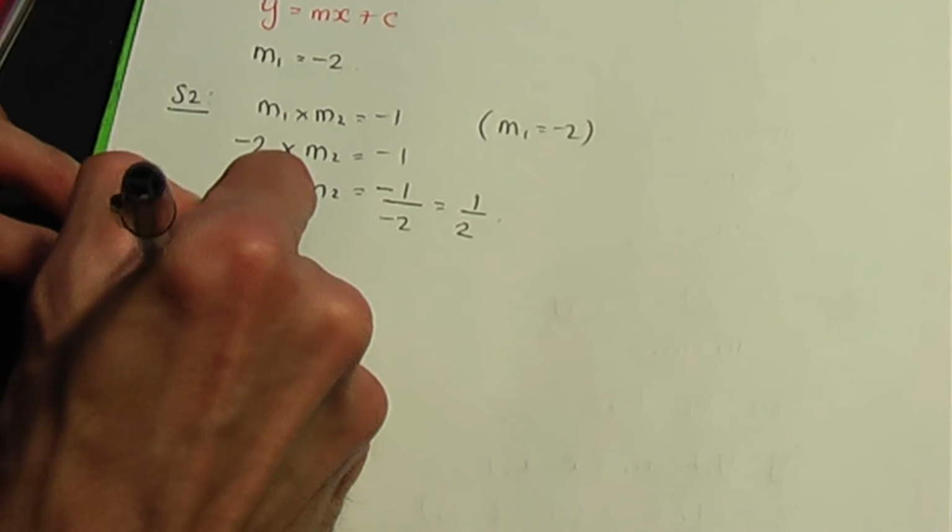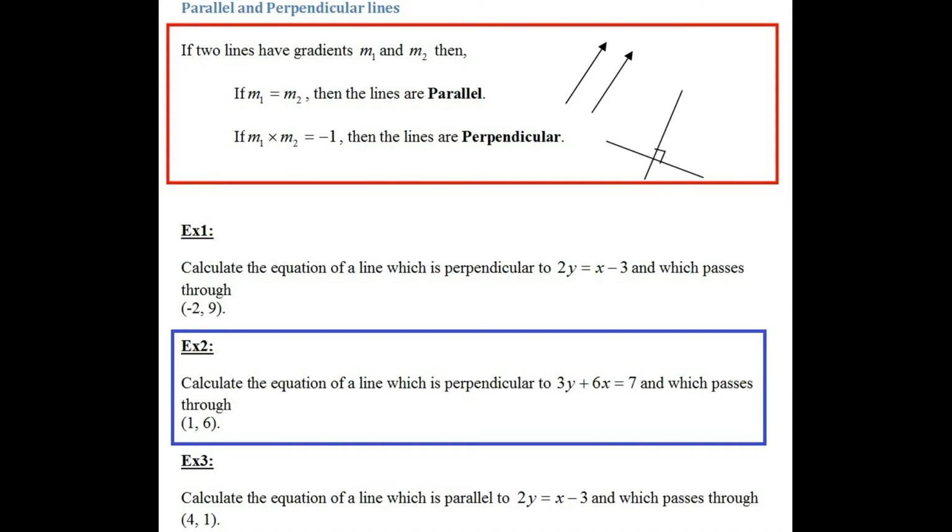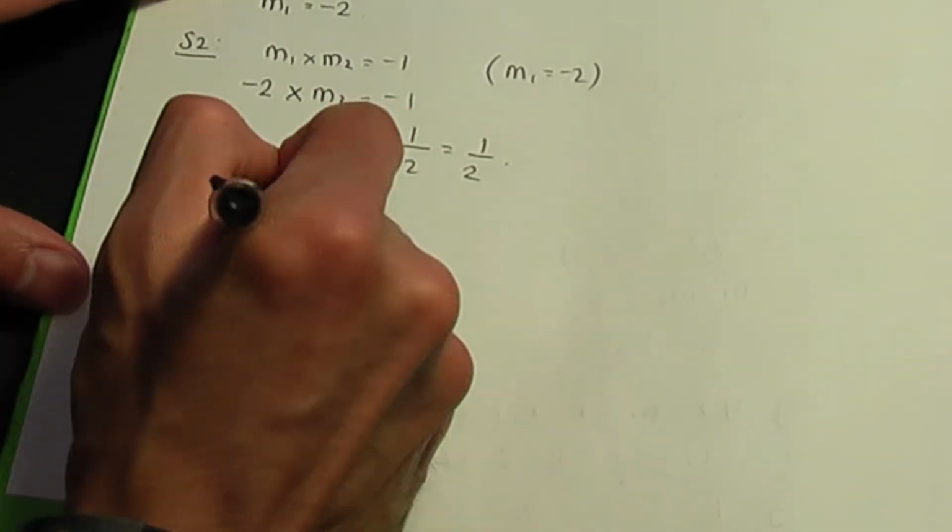So this takes us to the final step, step number 3. So our line passes through the point 1, 6. So the passing point is x1 and y1. So when it comes to the formula for the equation of the line, if we go back to the paper and pen, let's gather the data.